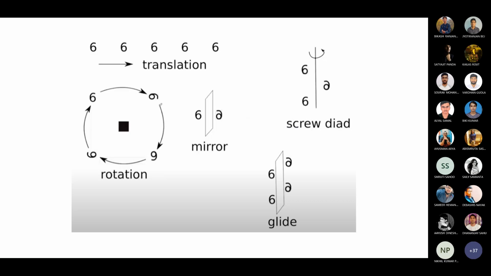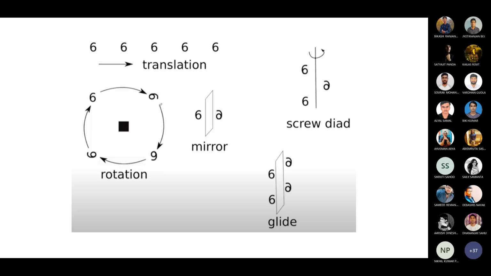If you have a concept of lattice vector, then you can tell that this is the lattice parameter, after which the atomic arrangement is going to repeat. So it is a translational kind of symmetry. Then rotation: after a certain angle, if you are seeing the same thing repeating, then that is rotational symmetry.